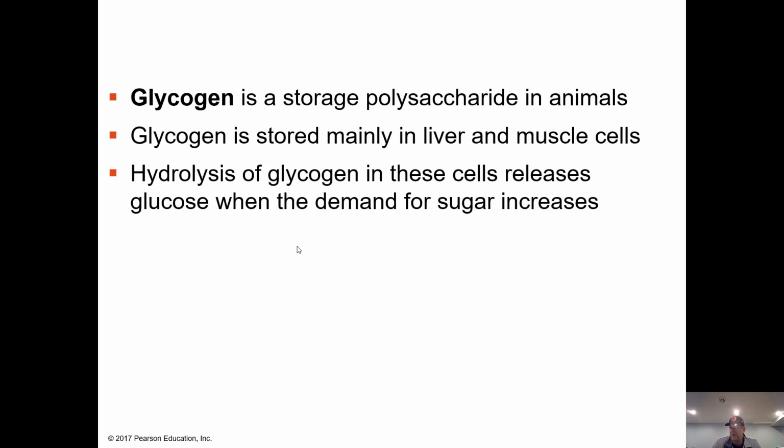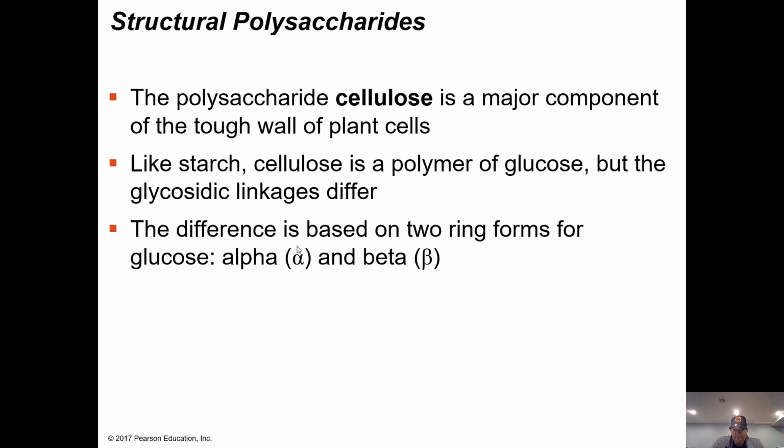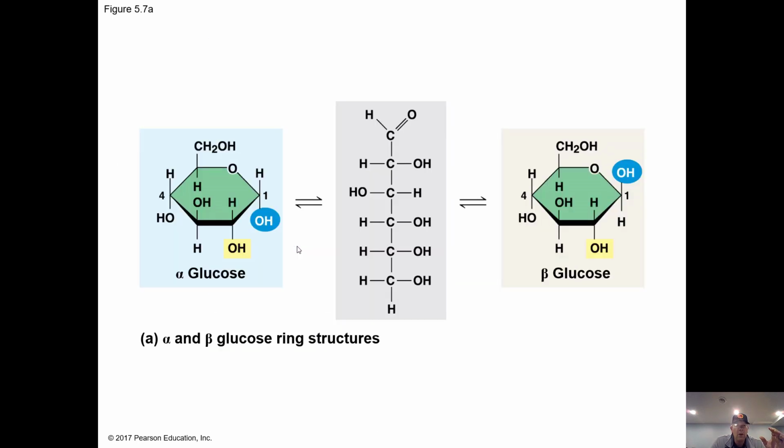So we went over this. It's basically like our glycogen in the liver and the muscles, cellulose in plant cell walls, and I'm going to make another video just about the difference between, say, cellulose and starch, but I don't want to make this too long.